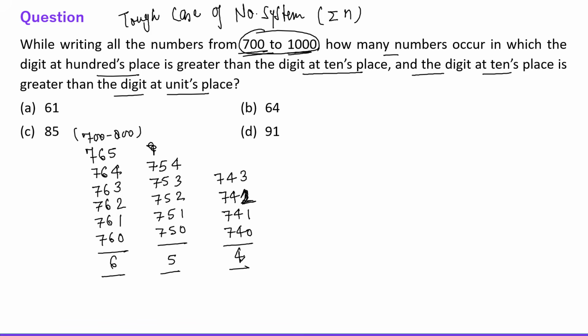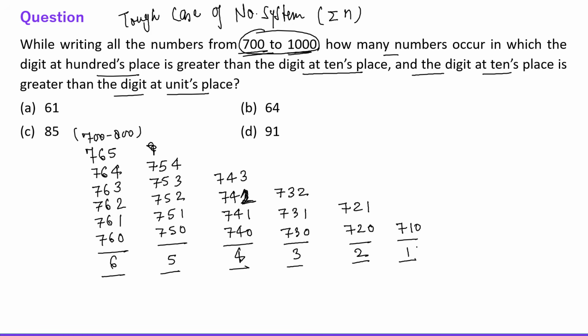Then we are writing 3 and we are getting 3 numbers. Then we are writing 2 and we are getting 2 numbers. And then we are writing 1, so we are getting 1 number.